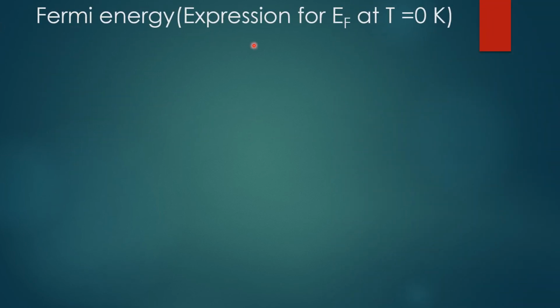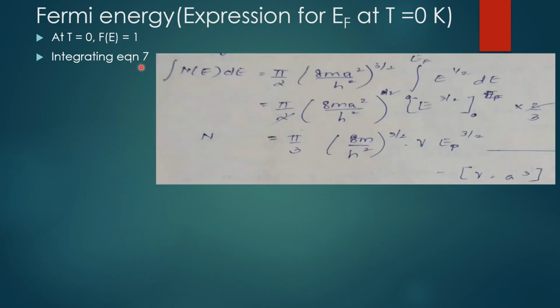Fermi energy, the expression for EF at T equal to 0 degree Kelvin. At T equal to 0, f(E) is equal to 1. Integrating equation 7, we integrate n(E)dE is equal to π/2 into (8m a²/h²) the whole raised to 3/2 integral E raised to half dE with limits from 0 to EF.